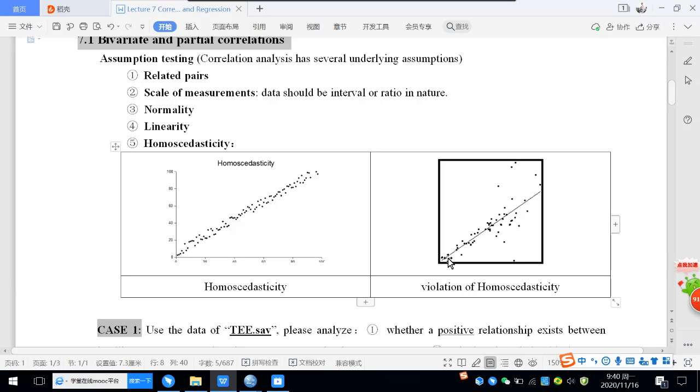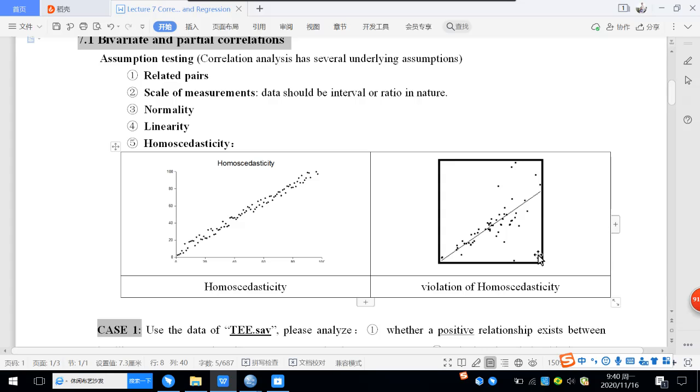Because look here. Here is the straight line, and this sample is very close to this line, but these samples are far away from this trend line.